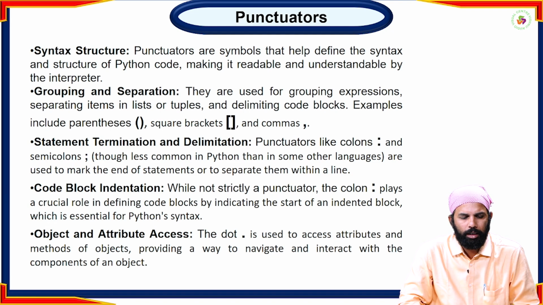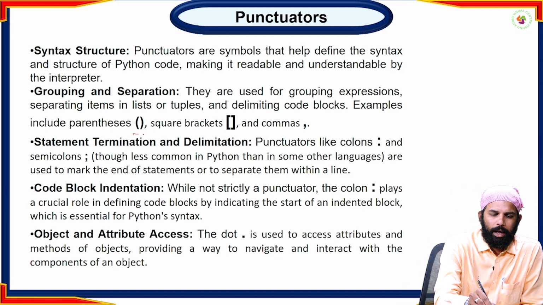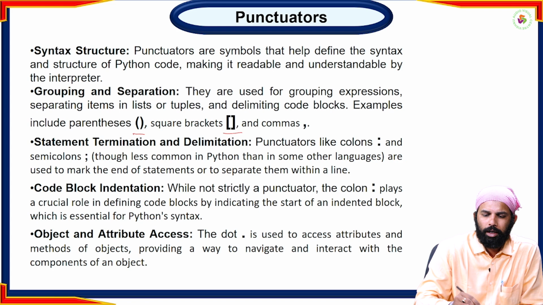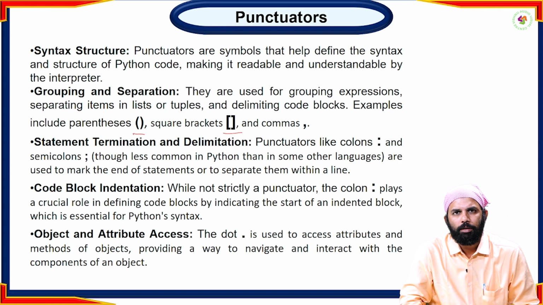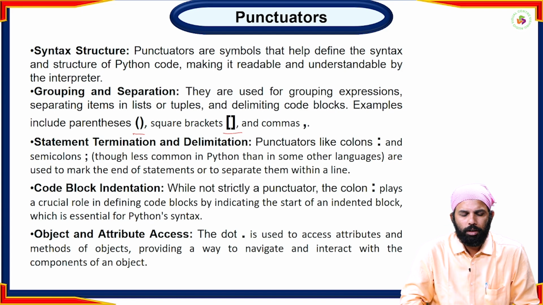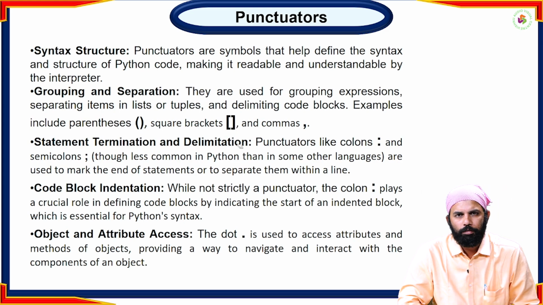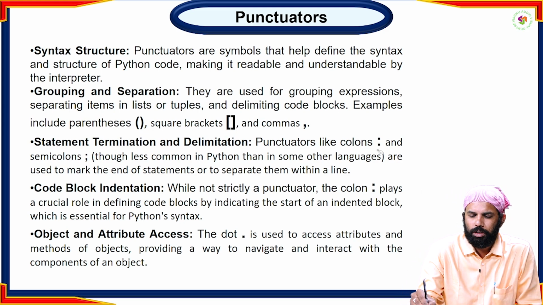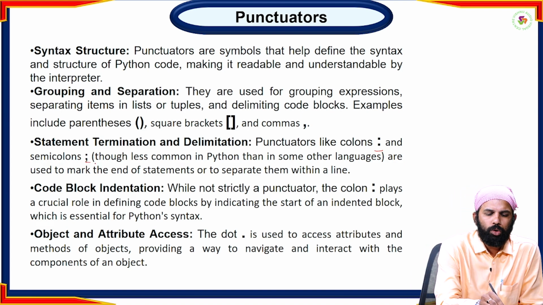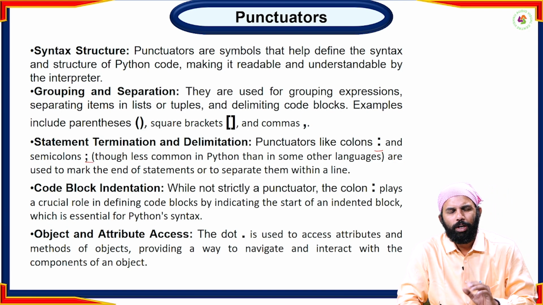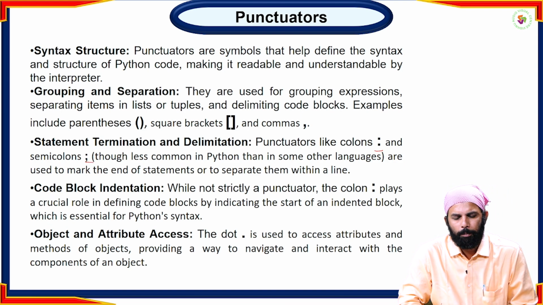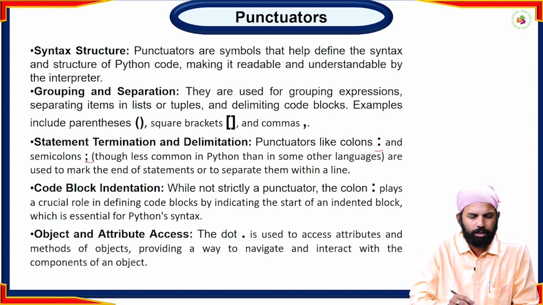We basically use either parentheses, square brackets, or commas for bifurcating between the tokens and different lines of code. When we talk about termination and delimitation of any particular part of code, we use the punctuators called colon and semicolon, which are very less used in Python than in some other languages.